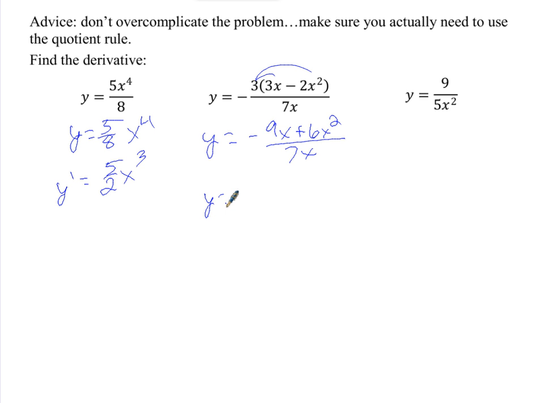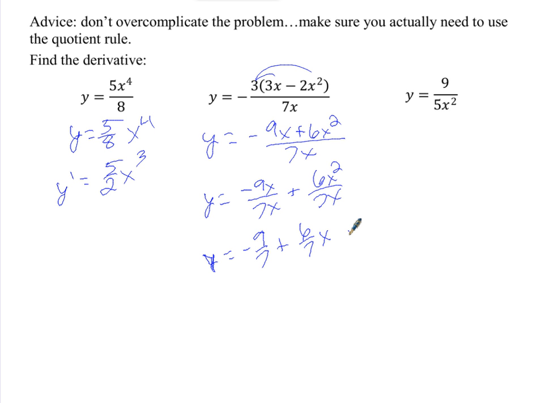But I could rewrite this again as y equals negative 9x over 7x plus 6x squared over 7x. Why would we do that? Because now when I simplify this, I have y equals negative 9/7 plus 6/7 x.